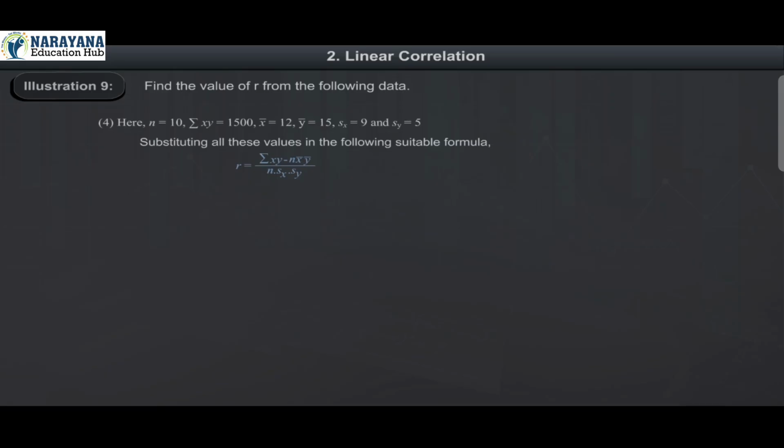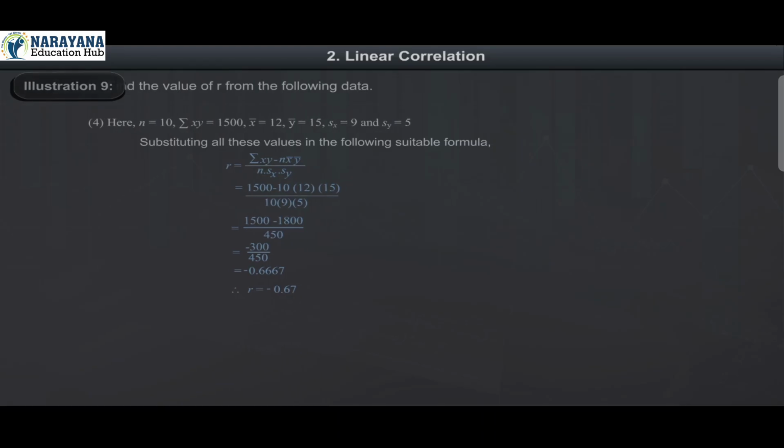R is equal to sigma xy minus n x bar y bar divided by n into sx into sy, which is equal to 1500 minus 10 into 12 into 15 divided by 10 into 9 into 5, which is equal to 1500 minus 1800 divided by 450, which is equal to minus 300 divided by 450, which is equal to minus 0.6667. Therefore, R is equal to minus 0.67.